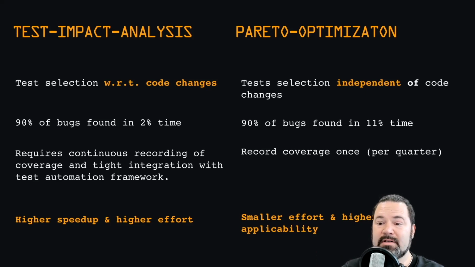It takes us 11% of the time to find 90% of the bugs, but it's sufficient to record test case specific coverage every now and then, for example, once per quarter. And in our experience, both approaches are valid depending on how much effort it is to integrate into your setting and how big the pain is because of slow test execution.